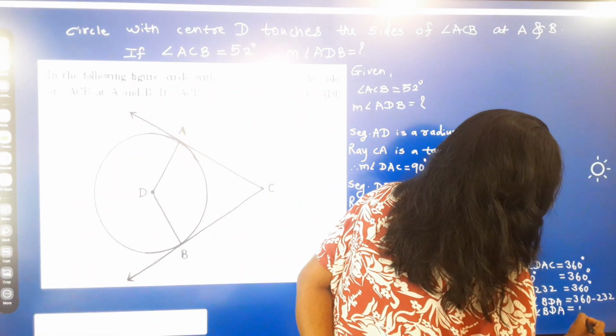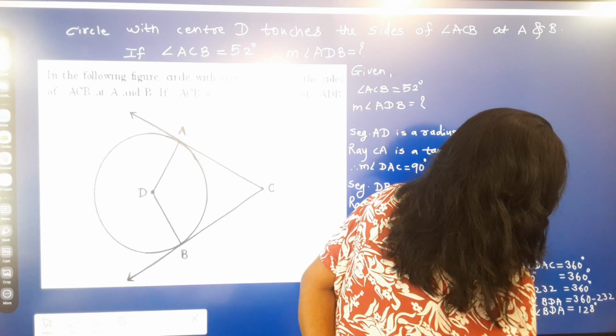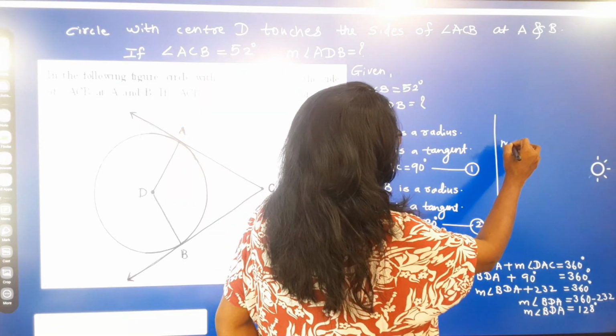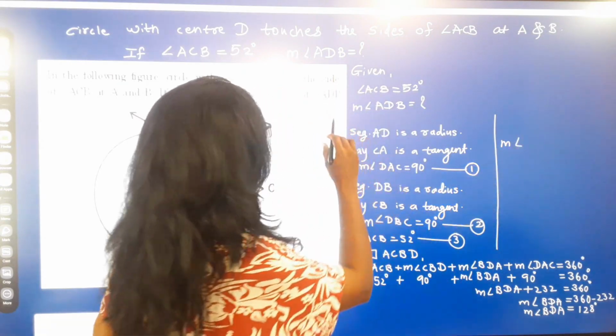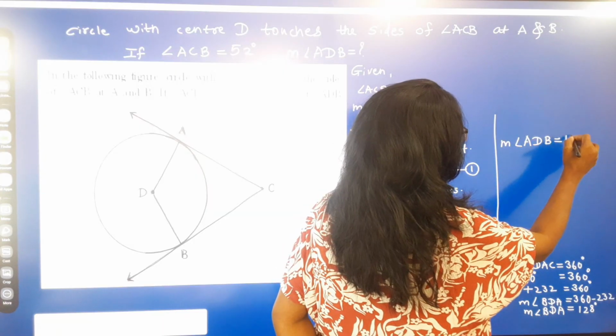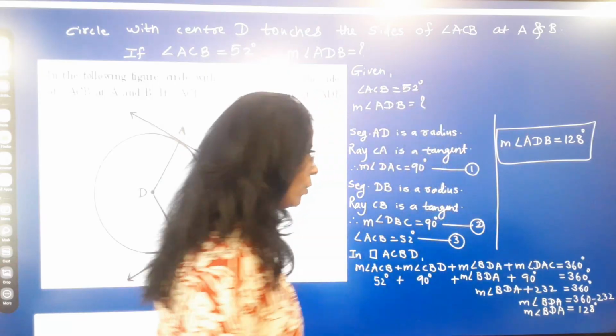That means here 128. Okay students, so we write that major angle ADB is equal to 128 degree. Okay, students.